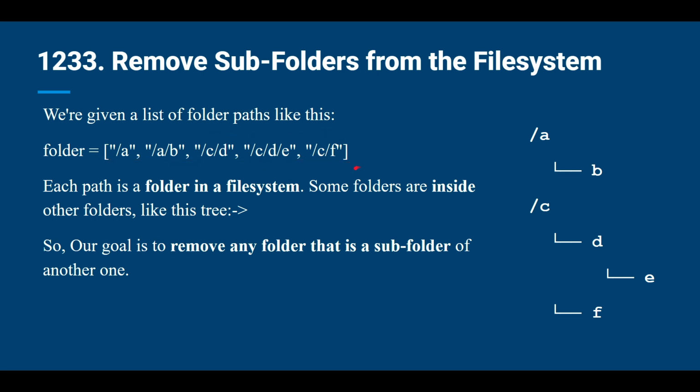What does this path represent in the file system? Each path is a folder in a file system, and some folders are inside other folders. If we have A, and inside A we have B, then /a is itself a path.